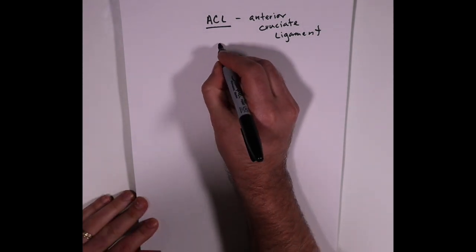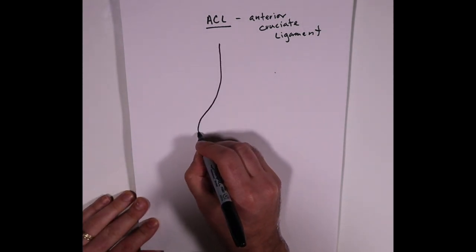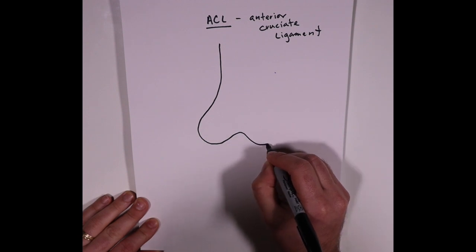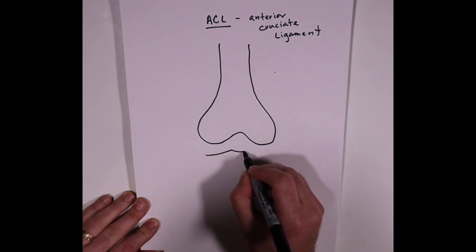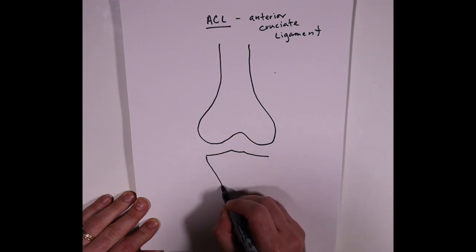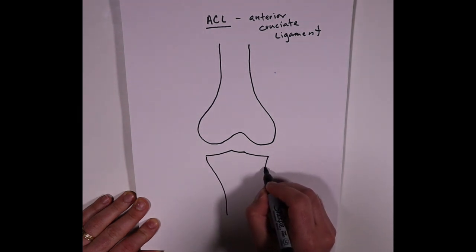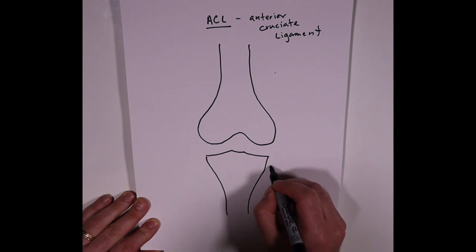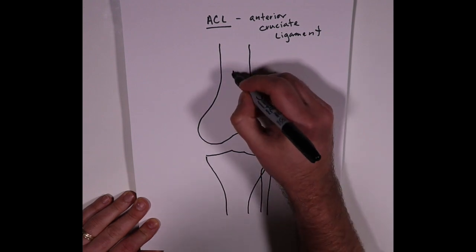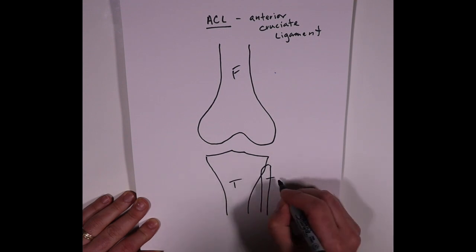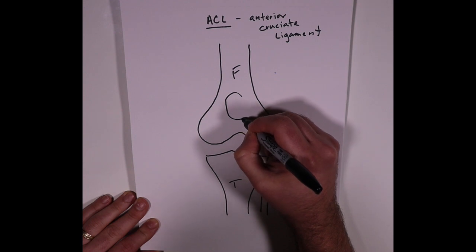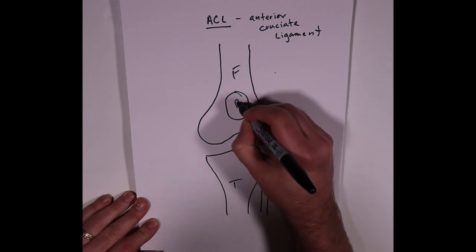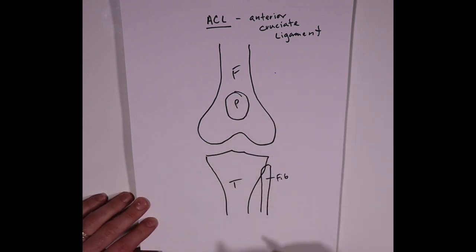So we'll start off by drawing our knee. Alright, so we have our femur, our tibia, our fibula, and our patella. So this is a left knee.